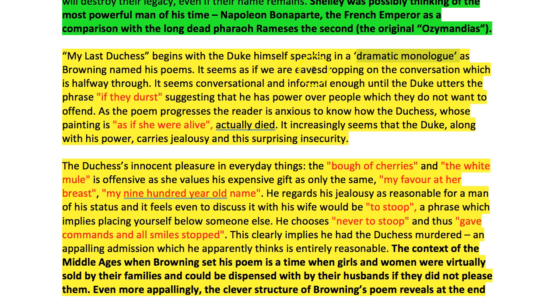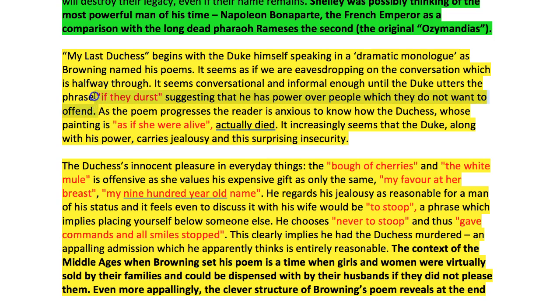It seems as if we are eavesdropping on the conversation, which is halfway through. It seems conversational and informal enough until the Duke utters the phrase, "if they durst," suggesting that he has power over people which they do not want to offend. So this is quite sophisticated.